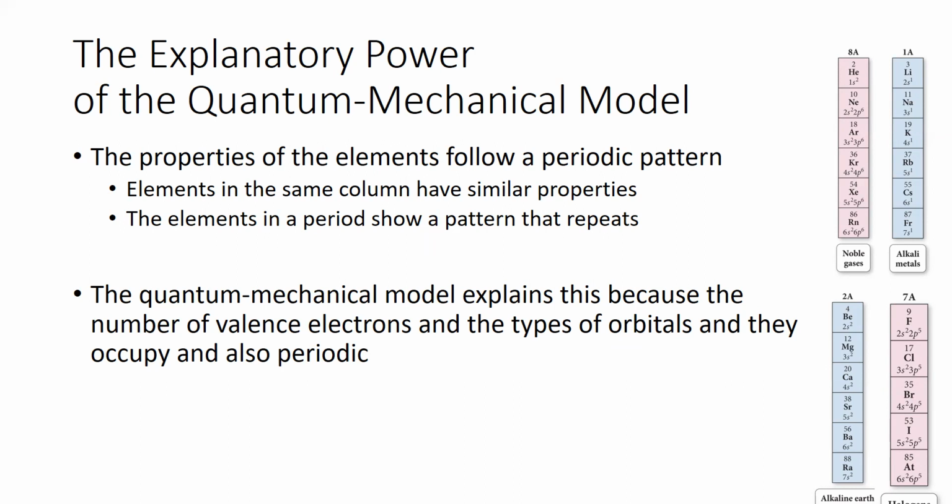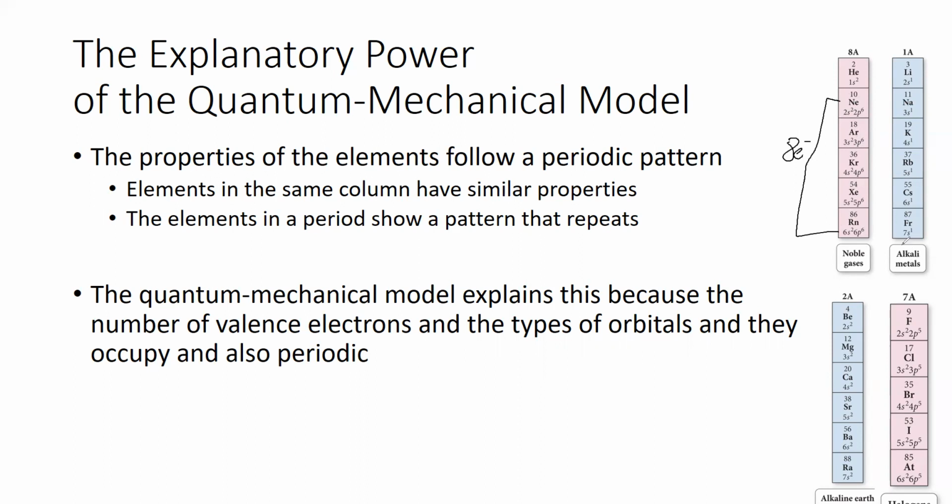When we do this on the periodic table, we notice that elements in a column usually always end in the same type of configuration. Your noble gases always end, except for helium, which is a little weird, with 2s2, 2p6, or 3s2, 3p6. They always end with 8 electrons in their outermost orbital.